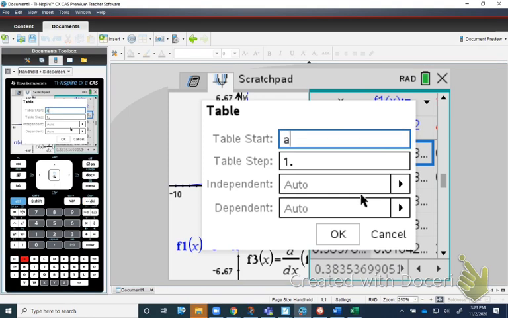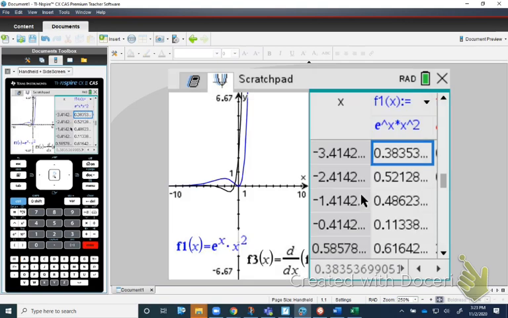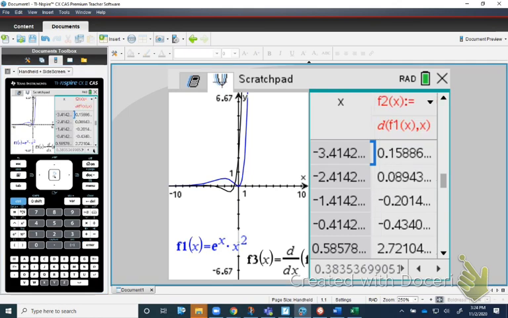So this is the -2 minus square root of 2, and you can see that it's giving us a little bit more thorough number here.